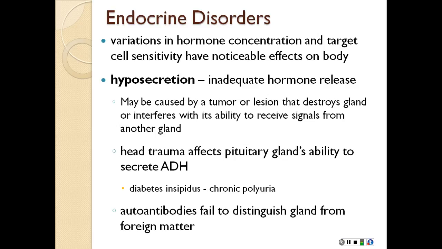So if there's hyposecretion of PTH, not enough PTH, since PTH is supposed to increase blood calcium, it's going to end up falling too low. Okay? Maybe even fatally low. So this would be a very serious condition, which I'll show you in a moment.